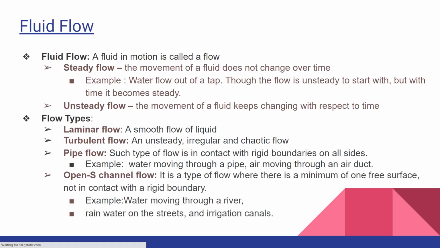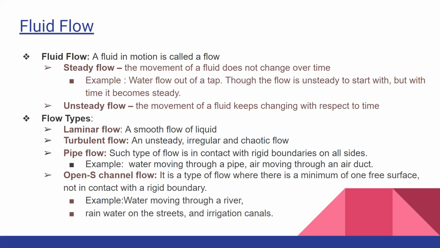Another thing we tend to examine in fluid dynamics is fluid flow. So obviously, if a fluid's in motion, it's flowing, and there's different types of flow. So there's steady flow, in which the movement of a fluid does not change over time, and the rate of flow just remains constant.